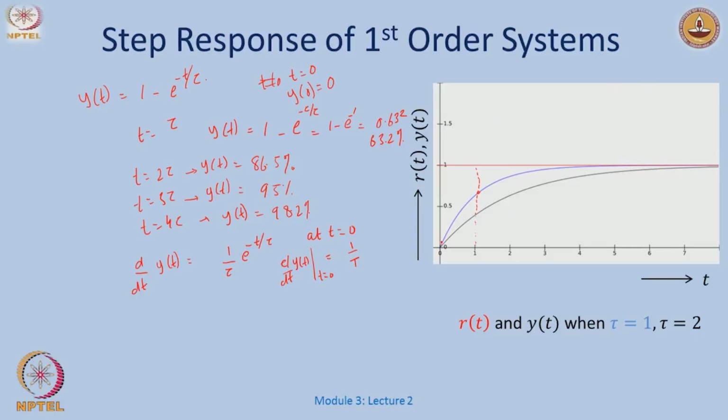So the initial speed is a slope of 1 over tau, and if I keep going at that speed, I will hit this point exactly at t equal to tau, which is my time constant. Similarly, for tau equal to 2, I hit this value at t equal to 2. You can compute it for different time constants. This is a general formula for that, and of course the slope keeps decreasing.